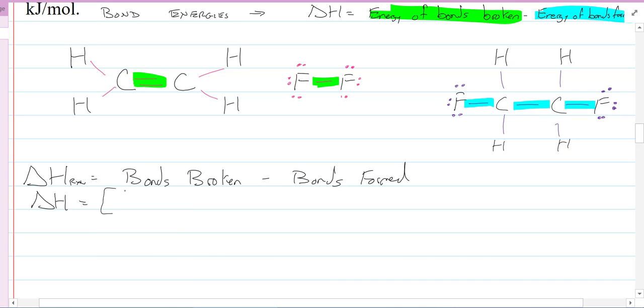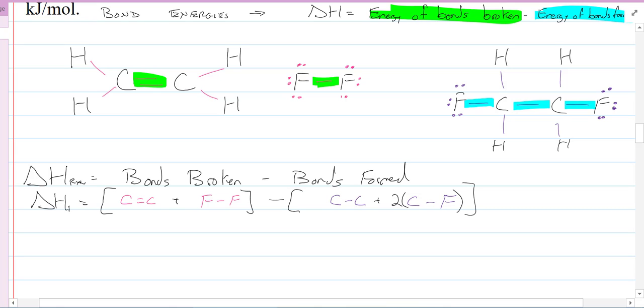The broken bonds would be in the reactants, and that's a C double bond C and F single bond F. The bonds formed would be CC and CF, and there are 2 CFs. All we're going to do is plug in our numbers now.